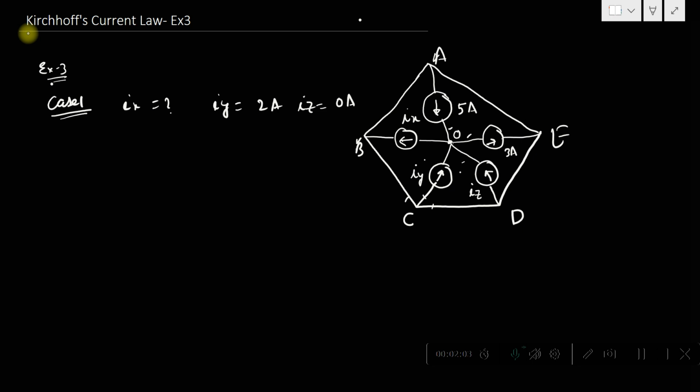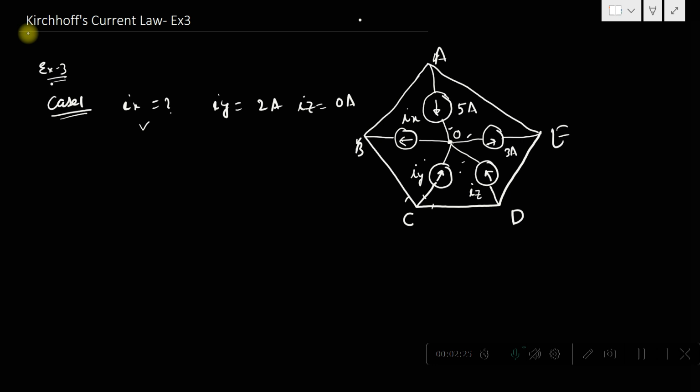Since we need to find Ix and Iy and Iz are given, we should consider the node which contains all these variables Ix, Iy and Iz. The node which contains everything is node O, right?